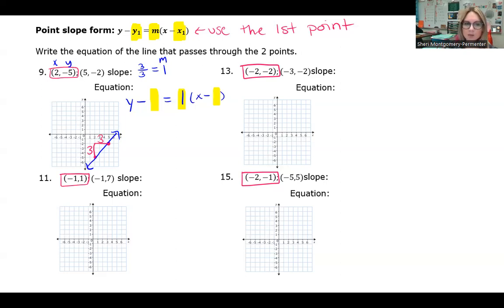For my x and my y, I have to be careful because y has to go with y. So when I look at my point, x is first. Well, x has to go with the x. So I put 2. The y, if I put it in there, what happens if I plug in -5? What's negative, negative? It becomes positive.